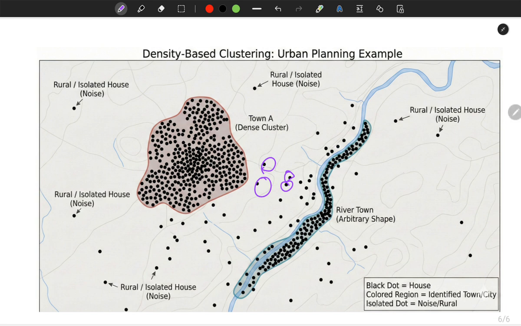The black dot houses and the colored regions are basically the identified towns. So this is one town that is observed and this is another town. As you can see, one point is considered and a radius is formed, and within that we check the minimum number of points. They are very close together, so that forms one town, which is called a high density cluster.